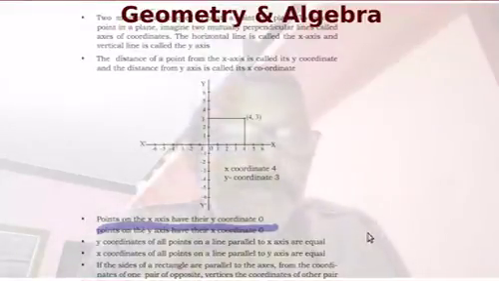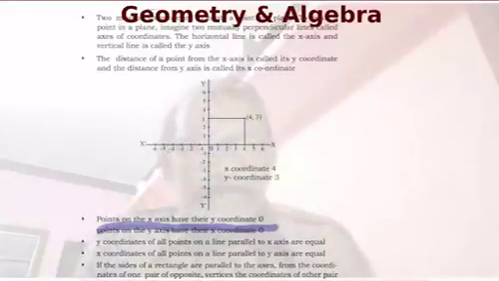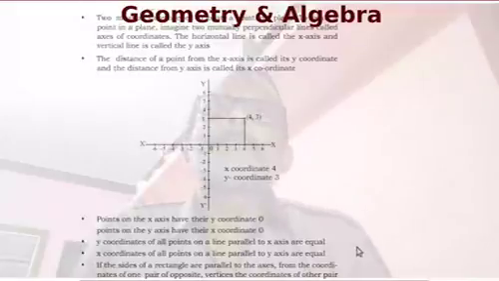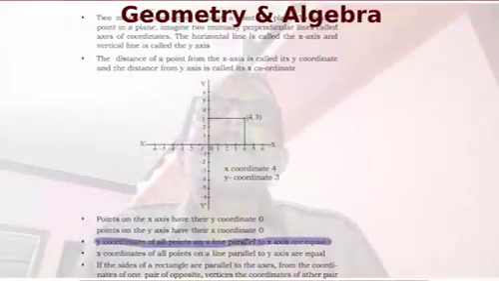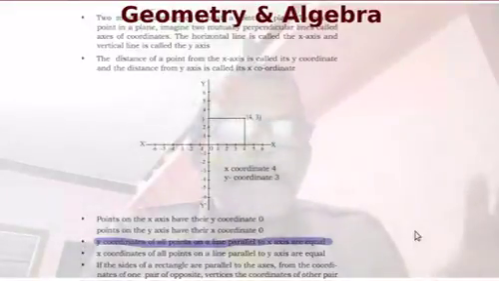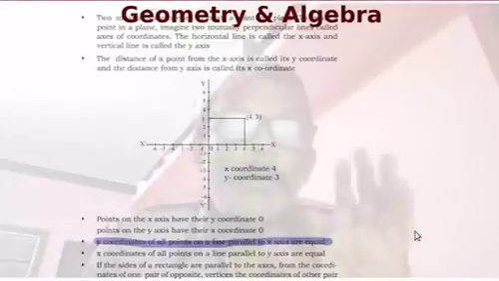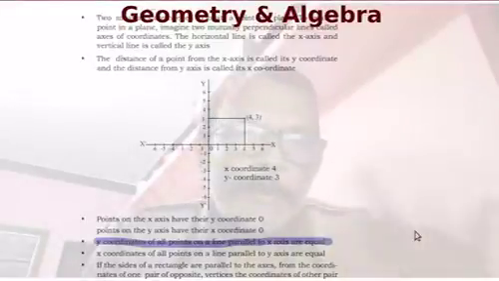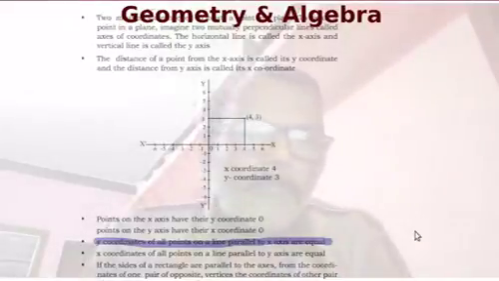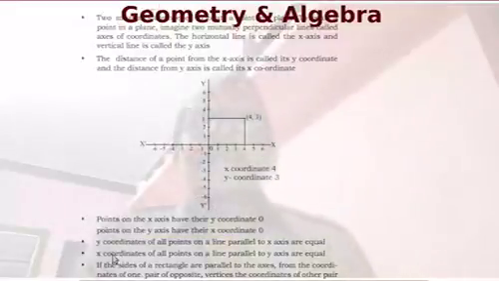Then the y coordinates of all points on a line parallel to the x axis are equal. We can't predict which number that will be, but they will be equal. All y will be equal on a line which is parallel to the x axis.